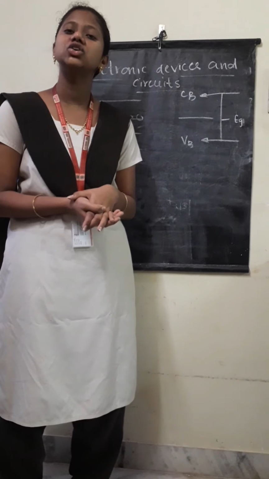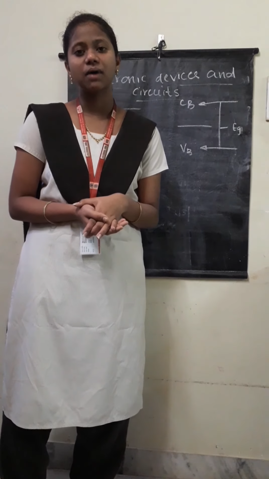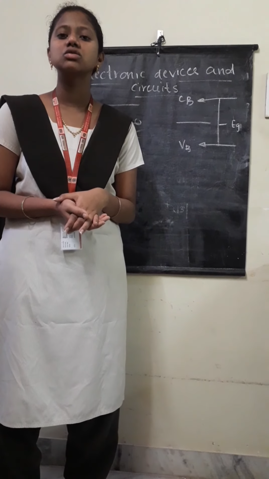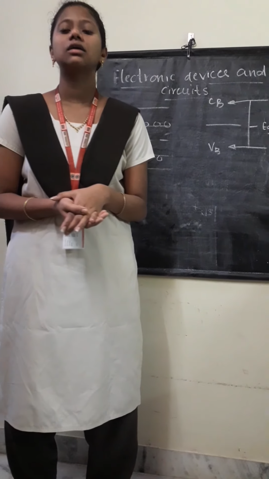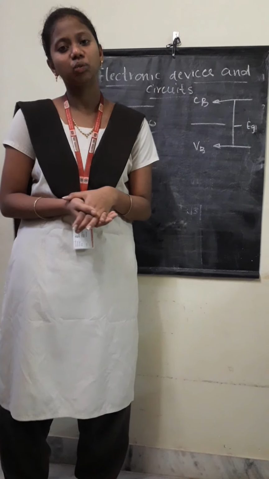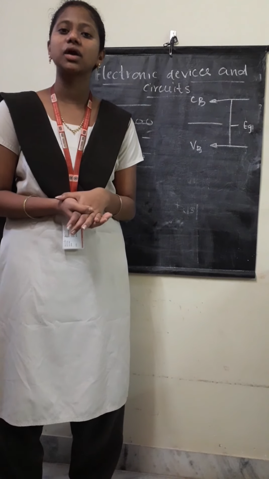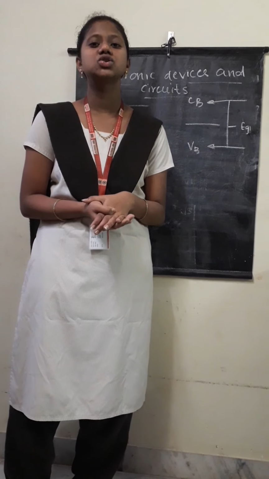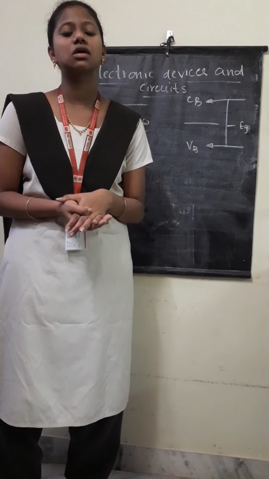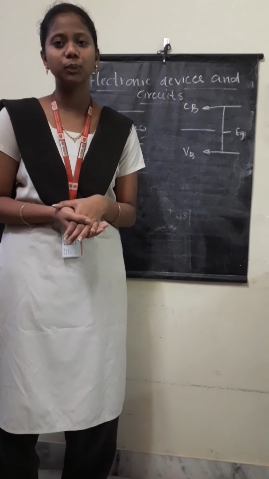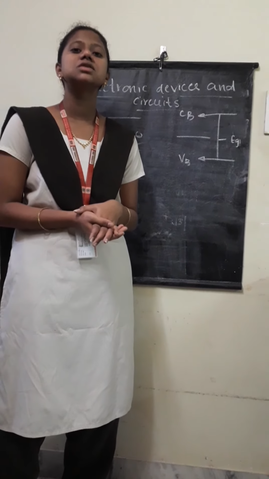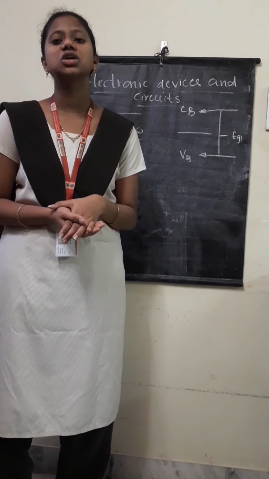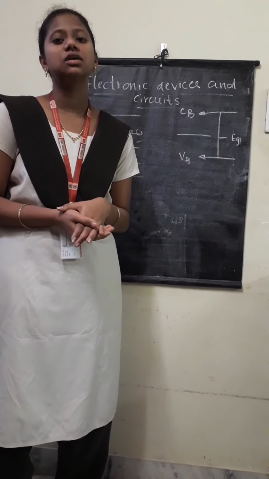At room temperature, the conduction band has sufficient electrons which are able to produce some current. In intrinsic semiconductors, the electron concentration is equal to the hole concentration, which is equal to the intrinsic concentration, that is n equals p equals ni. N represents the electron concentration, p represents the hole concentration, and ni represents the intrinsic concentration.